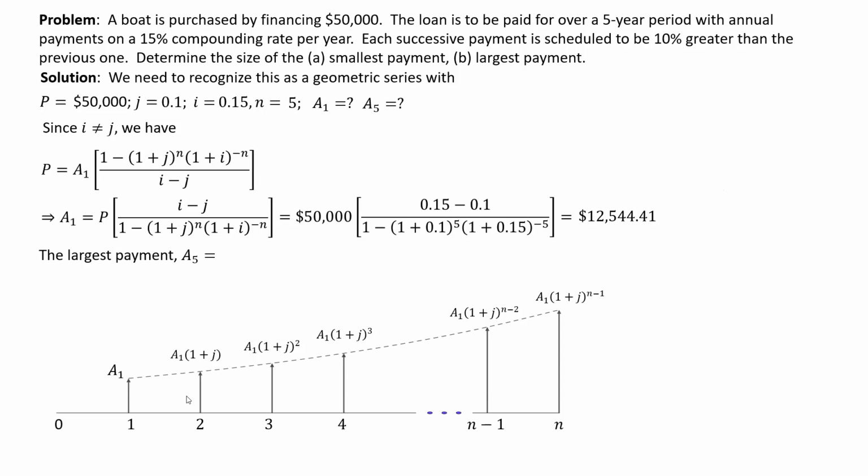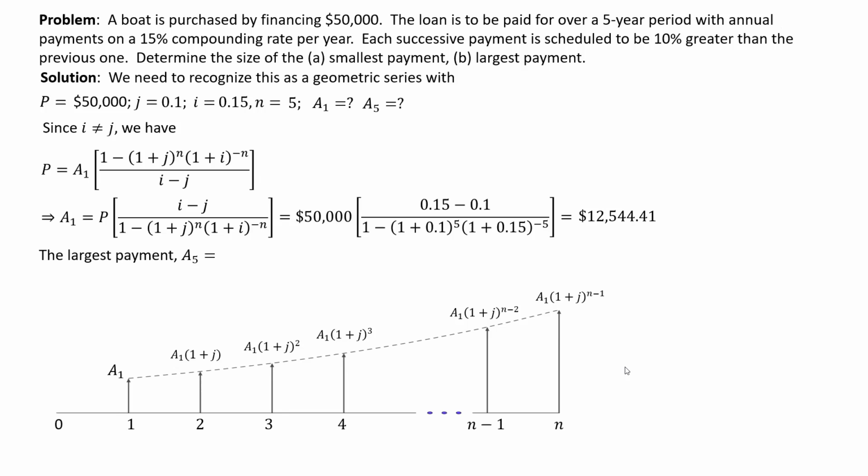So here I have a picture to give us the idea. A1 is the one at t equals 1, and then A1 times (1 plus j), A1 times (1 plus j) squared, and eventually at n, A1 times (1 plus j) to the n minus 1, right? So what are we asking? We are asking for n to be 5. Cool. If n is 5, the payment there would be A1 times (1 plus j) to the 5 minus 1.